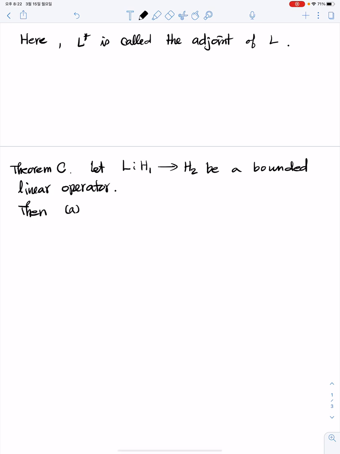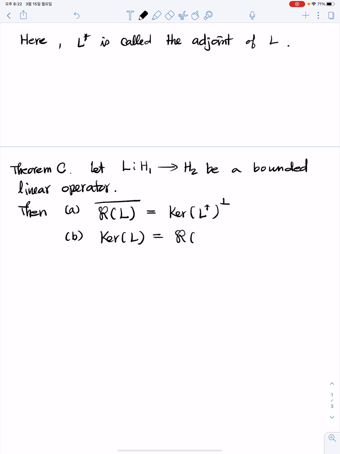First of all, the closure of the range of L is the same as the orthogonal complement of the kernel of L star. Okay, this is one. And then the second one is the kernel of L equals the orthogonal complement of the range of L star. So this is what we have.